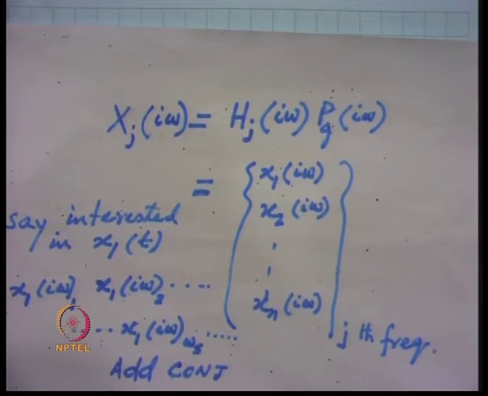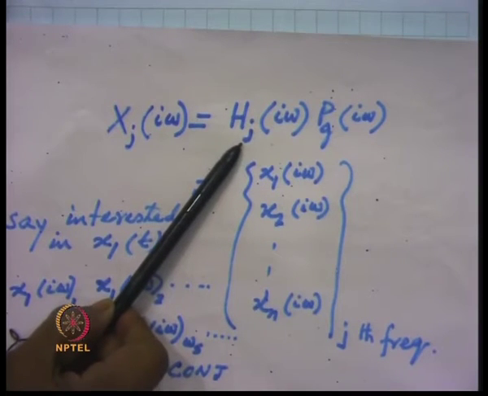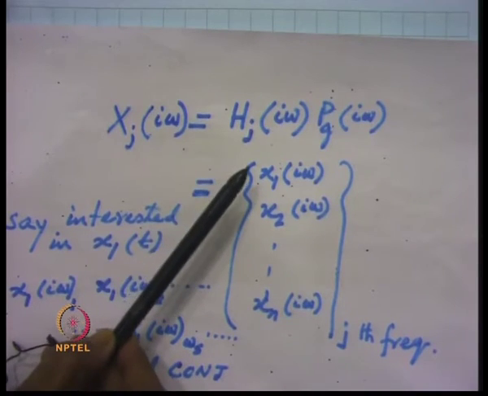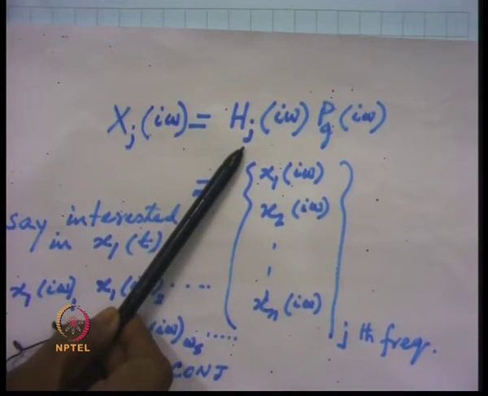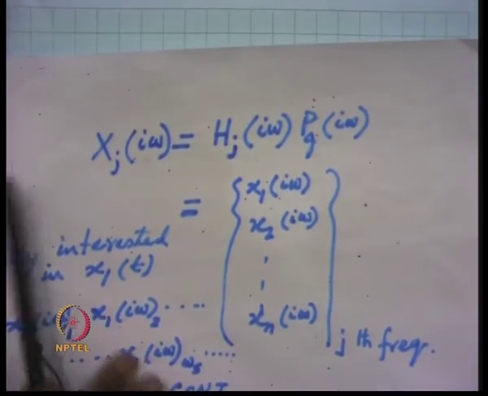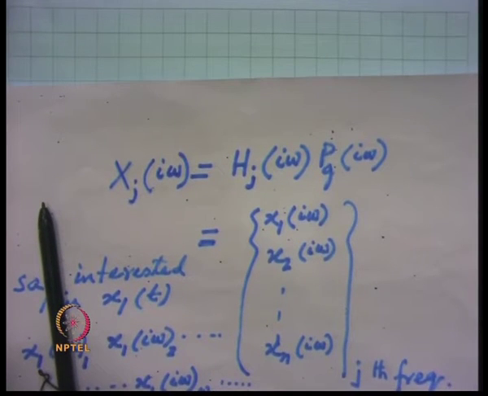Inverting this matrix you get the value of H(omega), and this is an n by n matrix if the number of degrees of freedom is n. P g(i omega) will be the frequency contents of the ground motion, that is, the different time histories of the ground motion or the forces that we get on the right hand side.